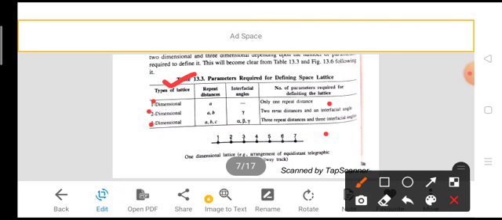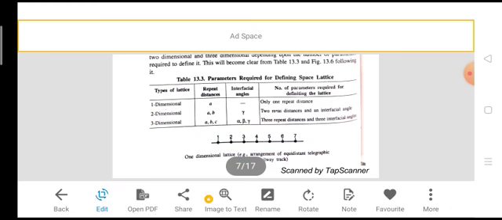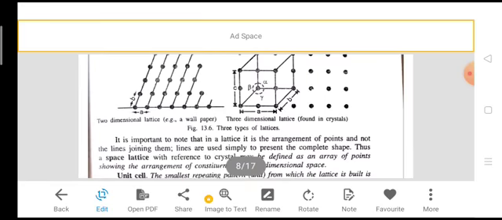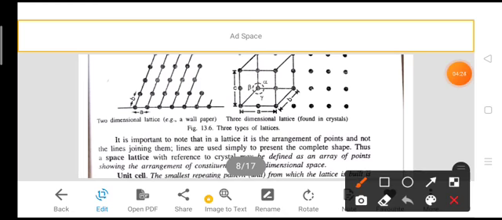Okay, for example, this is one dimensional. Here the repeat distance may be only one type. There is no interfacial angle. So for a two-dimensional space lattice, we need two parameters, two repeat distances, to define the space lattice.